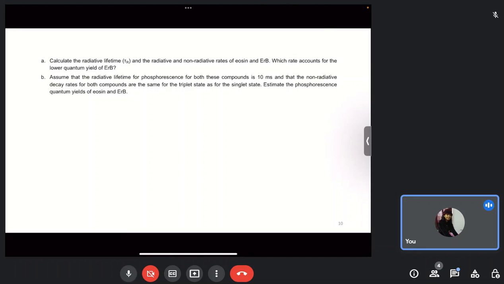We have to assume that the phosphorescence lifetime for both compounds is 10 milliseconds, and non-radiative decay rates are the same as the ones we had seen for fluorescence, and we have to estimate the phosphorescent quantum yield. This follows the same formula, just changed from fluorescence to phosphorescence.